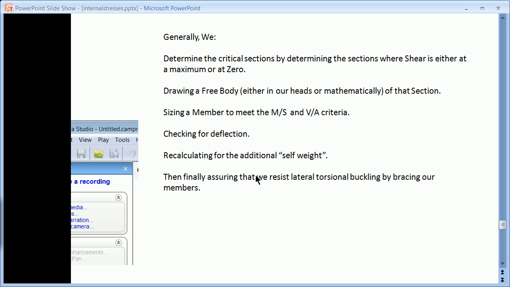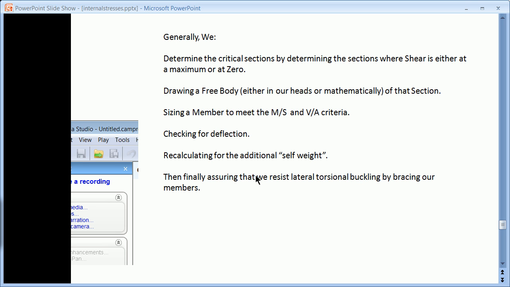We then pick a member that allows us to solve the equation M over S or V over A, based on the criteria of either 60% or 40%. So we're going to be selecting a beam, solving for S, the section modulus, and then selecting a member that works, or solving for A and picking a column or a tensile member for P over A, and then for V over A as well.